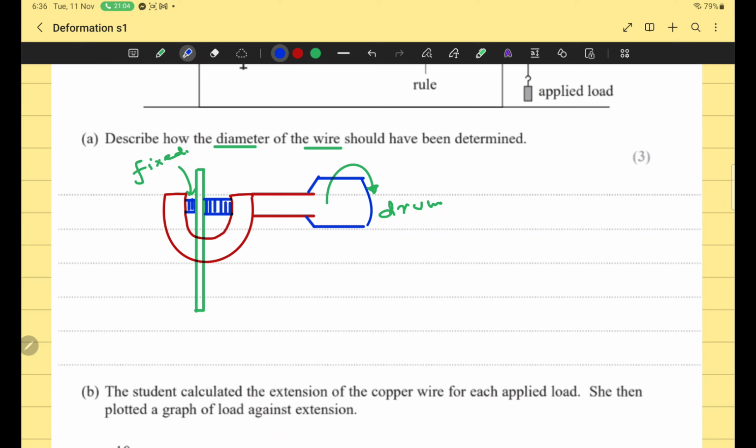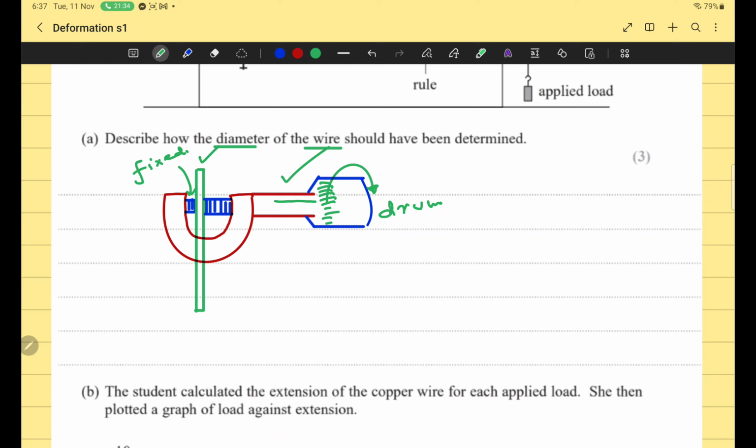So first you will fix the wire between the two studs, and then you will note down the readings. Actually, here are scales. One of them is called main scale, the other one is called circular scale. But you do not write in detail. Just you have to write fix wire between the two studs and note down the reading on the scale. And this reading will show you its diameter.